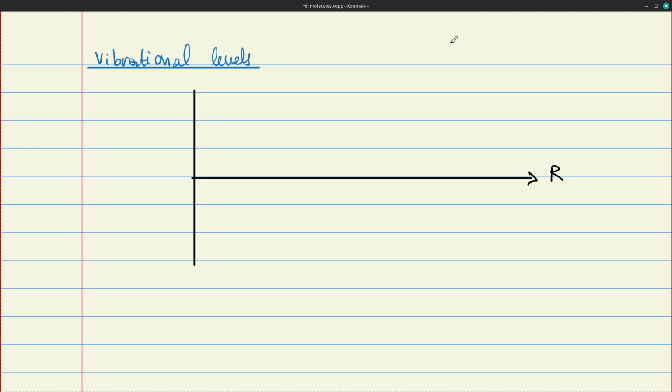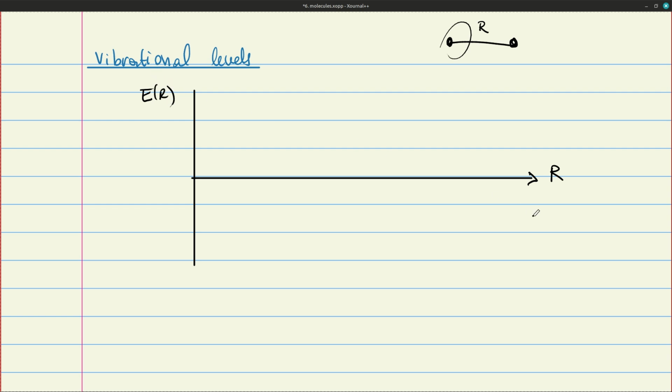Again, I am thinking about the simplest model, like the H2 molecule, for example. There is some distance, and as a function of distance, this is the total energy of the ion-ion interaction and the total kinetic energy of the electron. The electron can be here or there, and there's an energy scale for that.